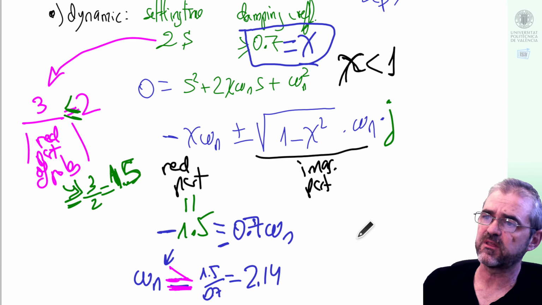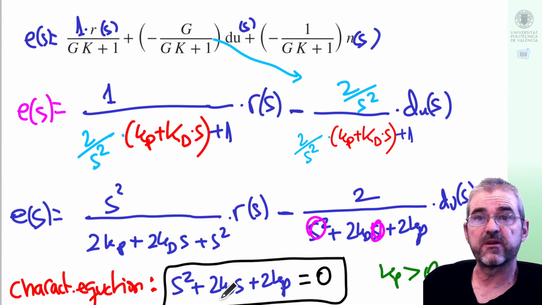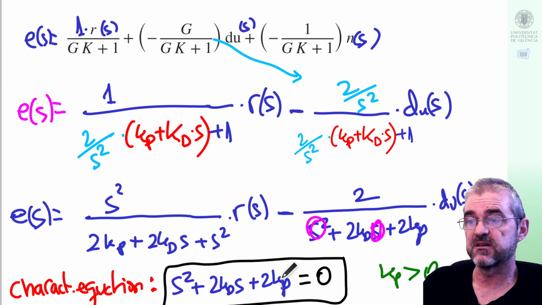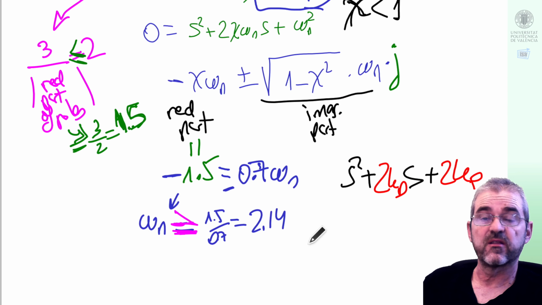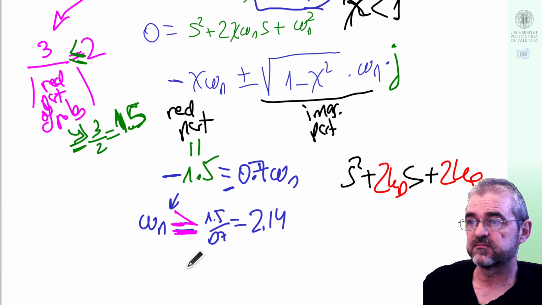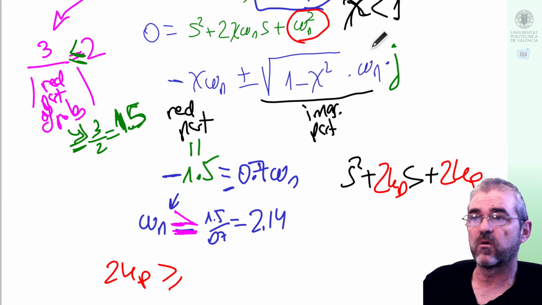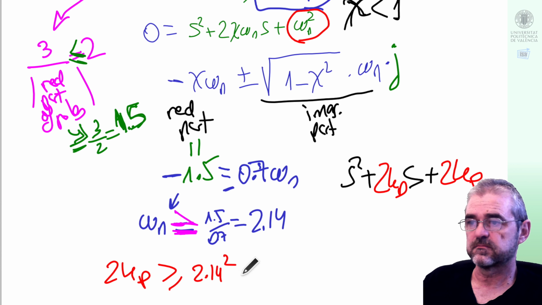So good. The denominator of the transfer function we were considering was this. Now we need to put everything in place to get the values of kd and kp. If we copy this to our slide, from settling time consideration, if this is omega n, then we need 2kp to be larger than omega n squared.